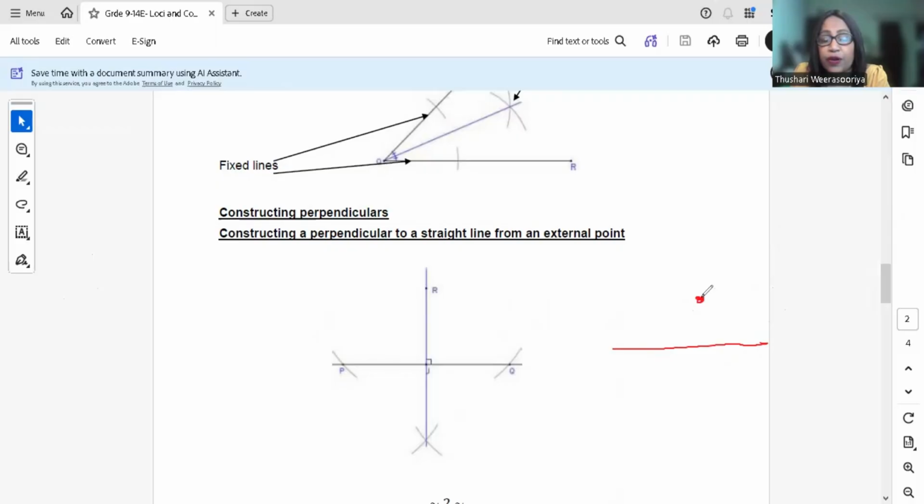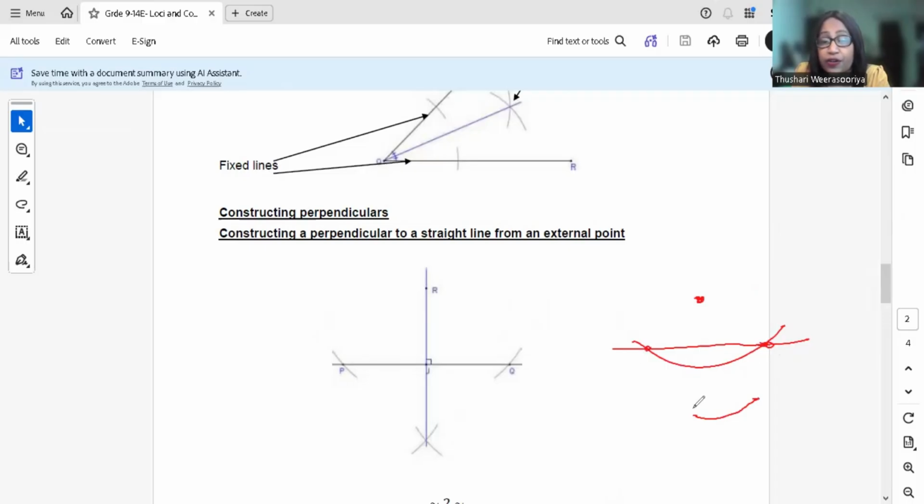Right? I'll keep the external point here and keep the compass point here and draw an arc like this. Just take distance, but it should be more than this distance. Draw an arc. Then keep the compass point here and take that. This is half of this. Take more than half always. Draw an arc. Without changing, these should be the same length.